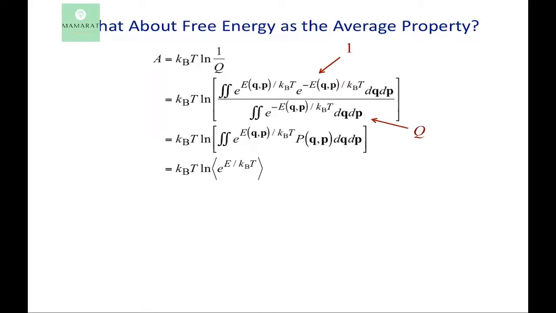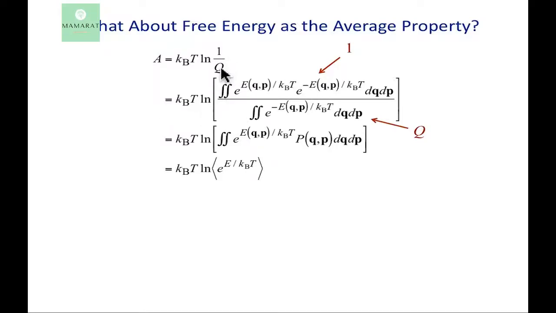Well, let's do a little bit of thermodynamics here. I'll remind you that the Helmholtz free energy, which is the free energy I'll use, is equal to Boltzmann's constant times the temperature times the log of 1 over the partition function. I want to write that slightly differently.